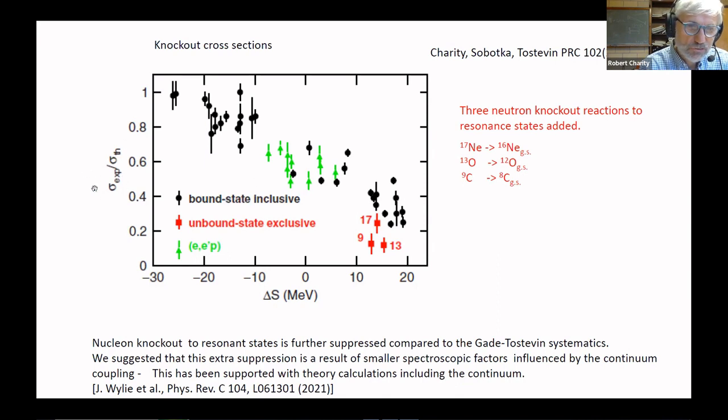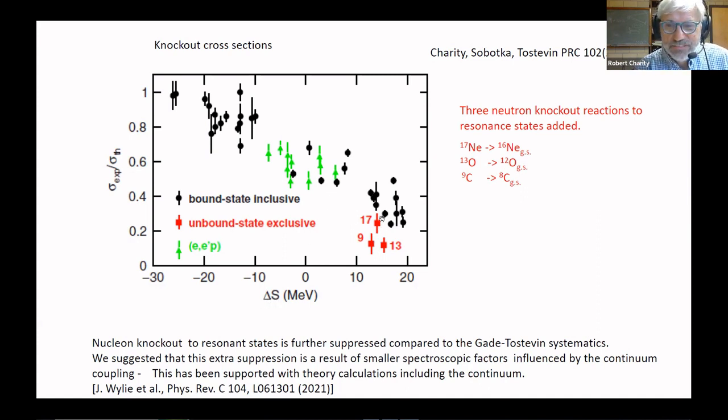So this is the total yield from that, and they divide it by a theoretical value based on an eikonal model for the single particle knockout cross sections times the standard shell model spectroscopic factor, and you get this rapid change as the difference in the neutron and proton separation energies changes.